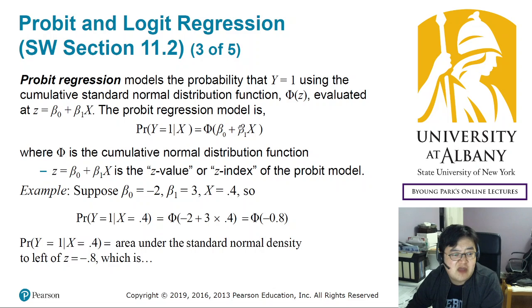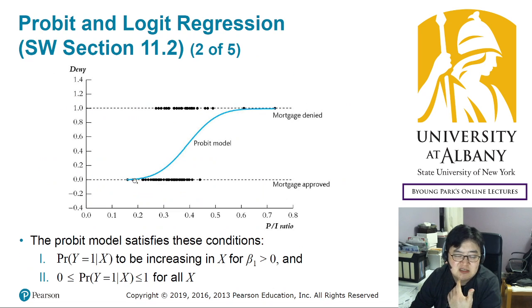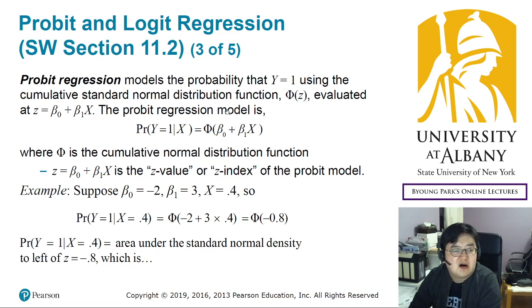That is called the z value. Of course, it is just a hypothetical process, and it facilitates this kind of analysis. So we assume that there is a z value as a linear function of x, which is related to the probability. And then based on the score, this linear grade, they calculate the probability of your application denial.